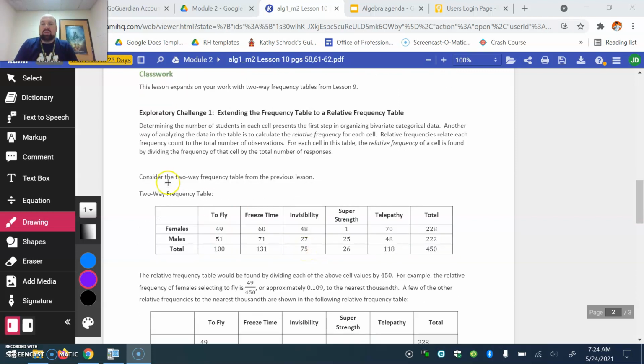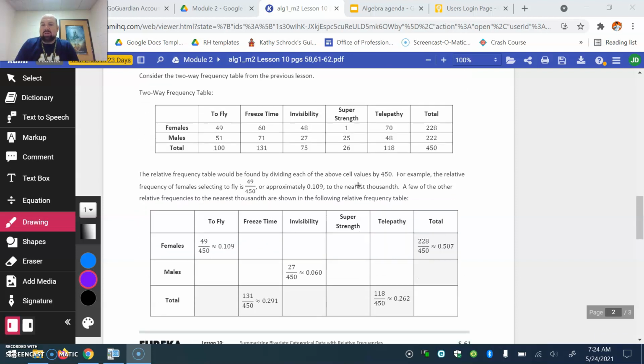And now we're going to do the two-way frequency table, but we're going to convert those to decimals, okay? So the relative frequency would be found by dividing each of the above cells by 450. In other words, by the grand total. This 450 here is what we use for each of these cells, and along the outer edges, the totals, okay?